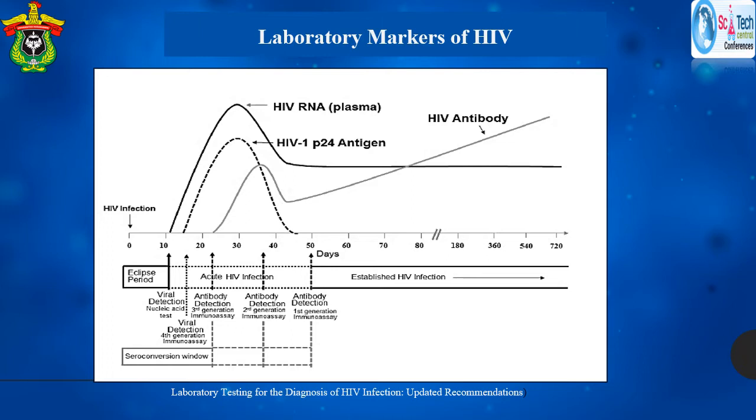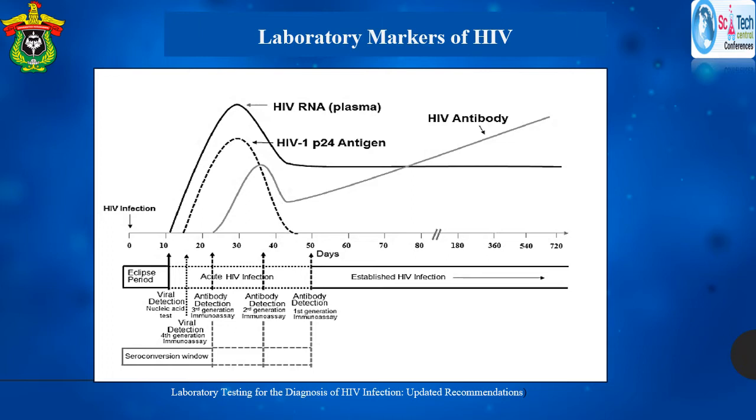And HIV antibody is the next marker. We can detect HIV antibody 4 until 12 weeks after infection, and in nearly all patients within 6 months.